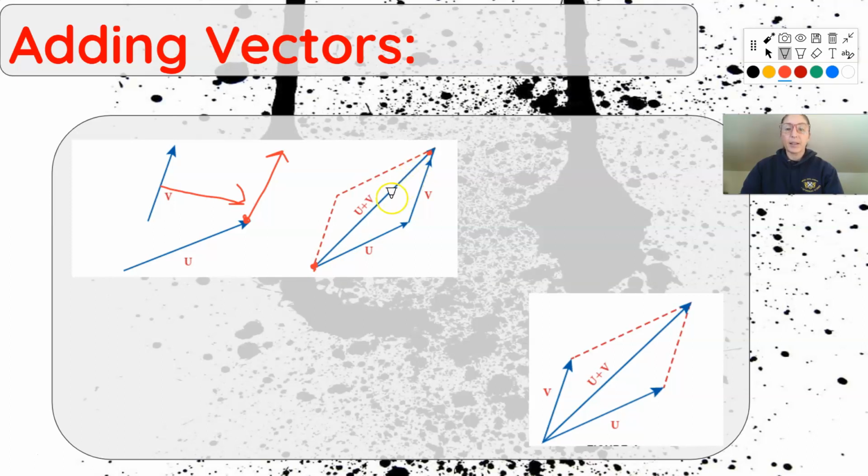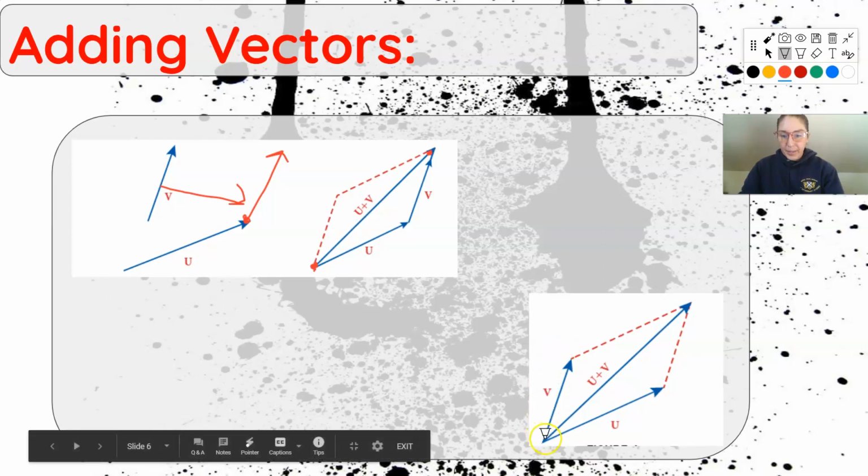Okay, so I'll say that again. The addition of two vectors is the vector that results after lining them up head to tail, and then you draw a vector from the tail of the first to the head of the second, and that's the vector. Okay, another way that you can do it is if you line them both up tail to tail, right?